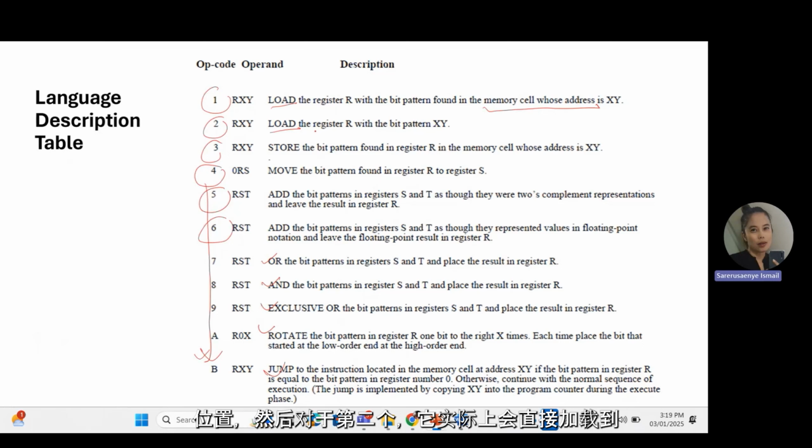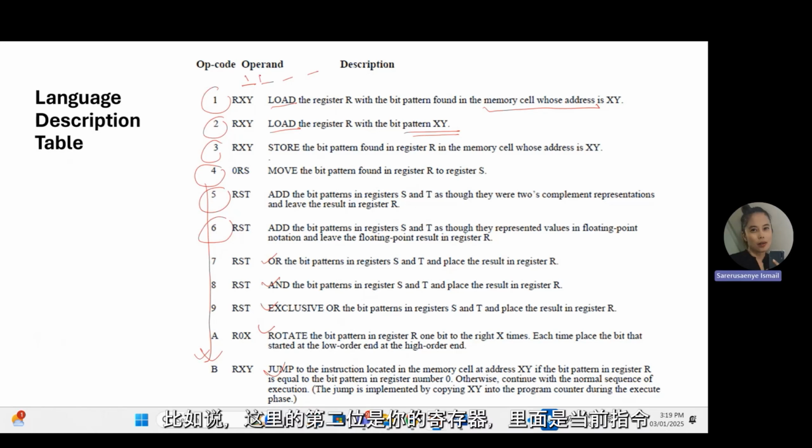For number 2, it loads directly the value XY. All of these instructions are 4 bits, 1, 2, 3, 4 bits, and the first one is the opcode.